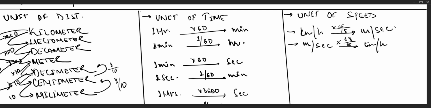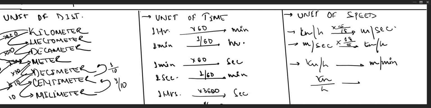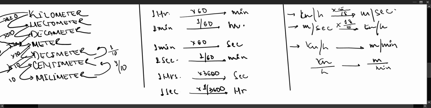Now, if I want to change kilometer per hour into meter per minute, then again we have to do the same procedure. As we know, 1 kilometer is equal to 1000 meters, and 1 hour is equal to 60 minutes.